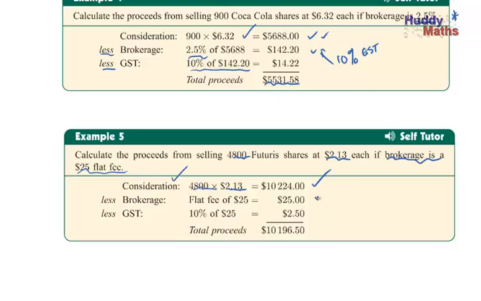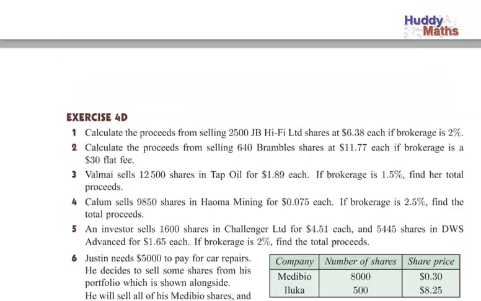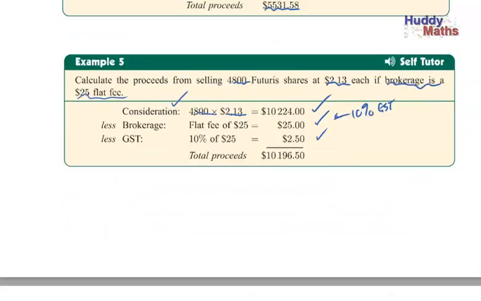You've got to pay the brokerage fee, which this time is just $25, so it's a straight $25, and then take off 10% of the $25 for GST, 10% GST, and that's $2.50. So you're going to lose a total there of $27.50. So that's important. You can't just ignore the fees. So I'm going to just go back again there. We skipped a bit. Okay.